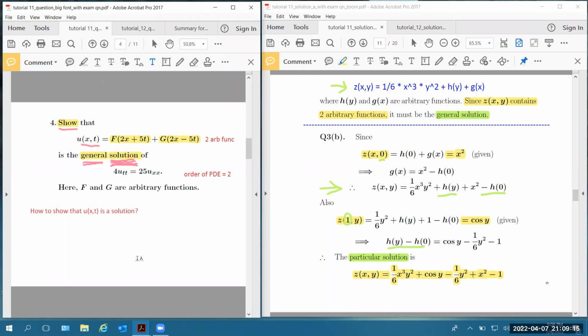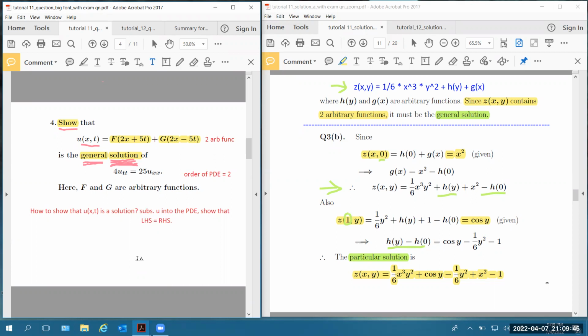Differentiate left and right side and show that left and right are the same. Yes. So what you can do is substitute your u into the PDE and show that your left-hand side is equal to your right-hand side. Okay, so this is our plan.